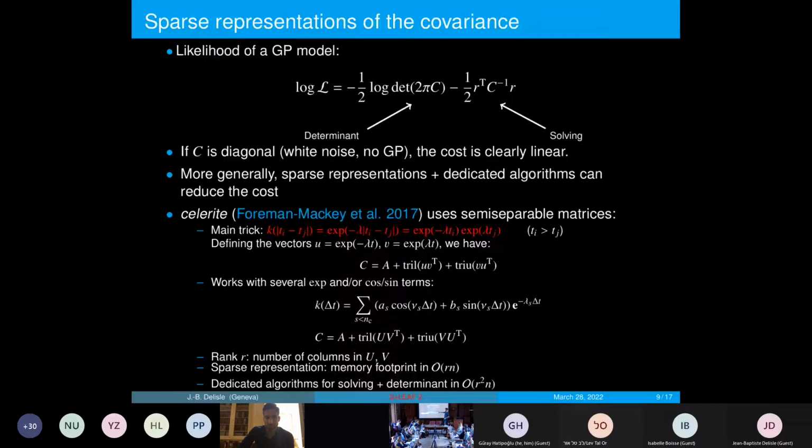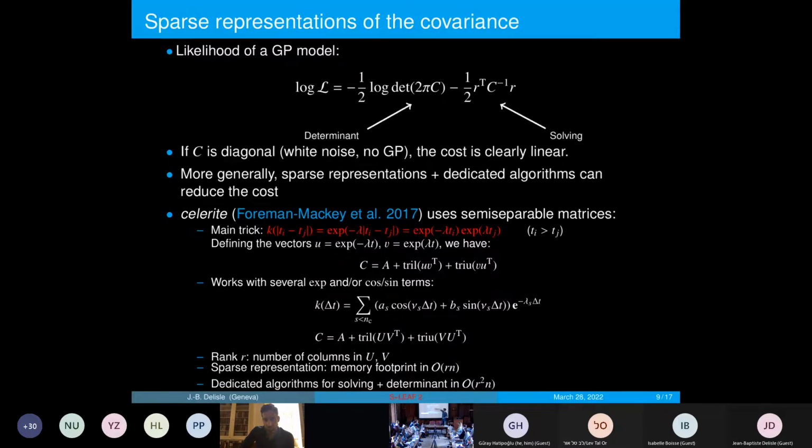Of course, in Celerite, you can do a bit more than just an exponential decay, because you can combine different terms with exponential decays and sine and cosine. And then you don't have just vectors u and v, but you have matrices with several columns. The number of columns in u and v is called the rank of the representation.